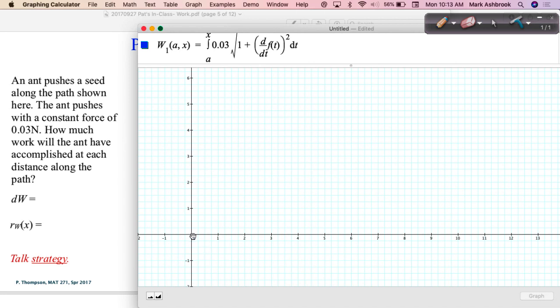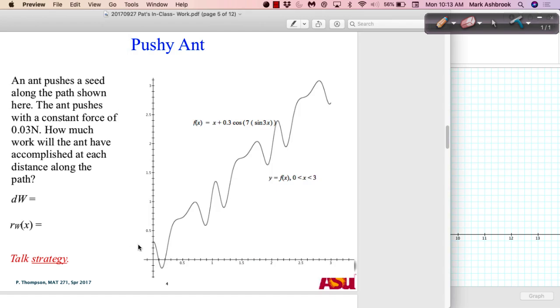And what's it going to do? Is it going to kind of take a path like this? Accumulated work? Straight up. Will it always increase? Will the work ever decrease? As the ant is pushing along this curve, will the accumulated work ever go down? It will never go down, right?